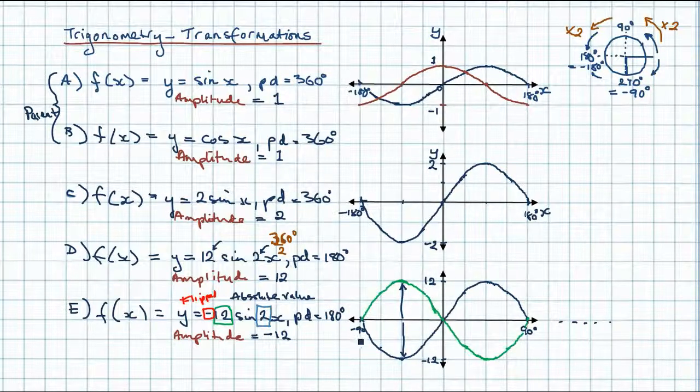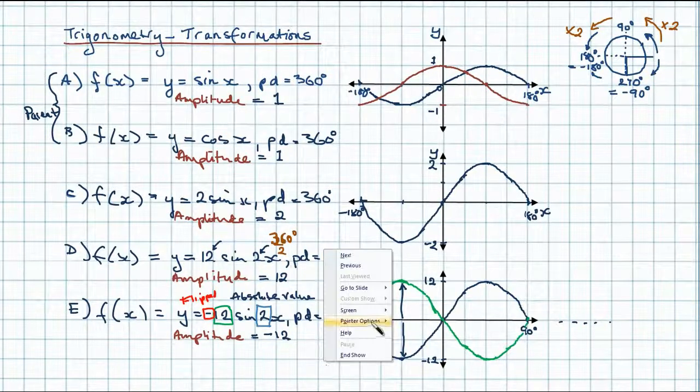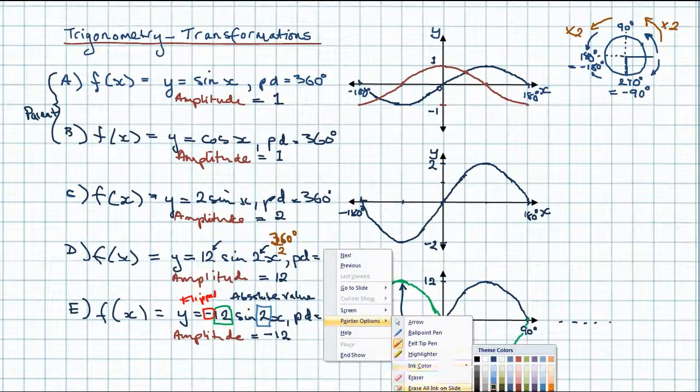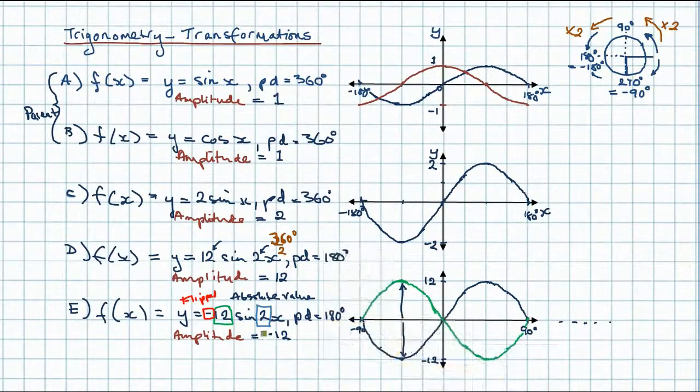So you take the parent period, you divide by that value, and you're going to get this period. If it was a half, for example, sine of half x, then what would happen?